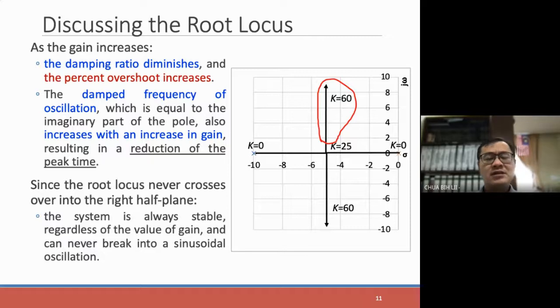So it depends on the design specification that you require. The damped frequency of the oscillations itself, which equals the pole's imaginary part, will also increase when the gain or the K value increases, which reduces the so-called peak time and so on.